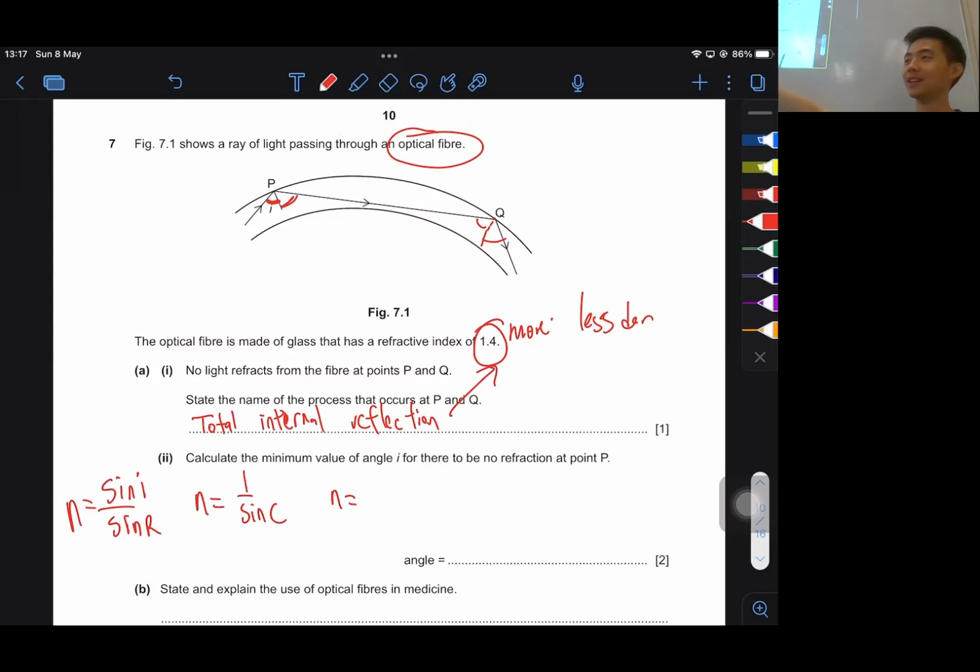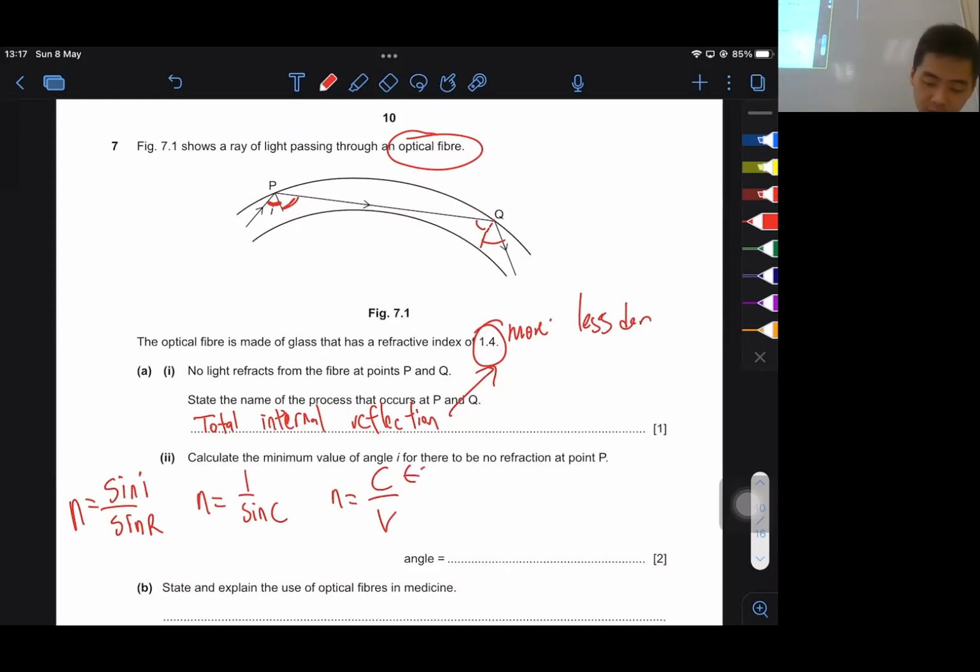It's c over v, very good. This c is the speed of light, which is 3 times 10 to the power of 8. Then this v is the speed inside the medium.